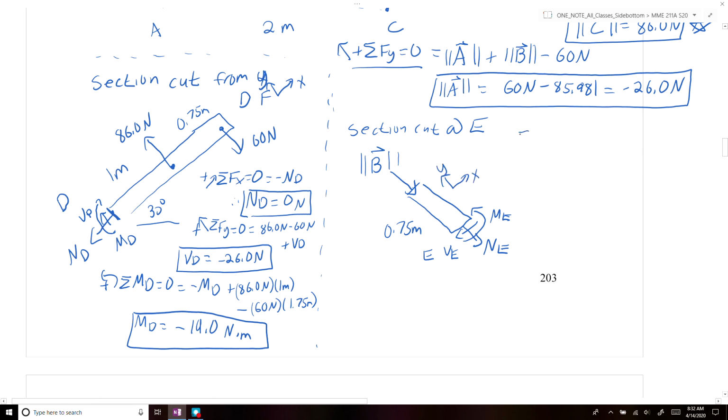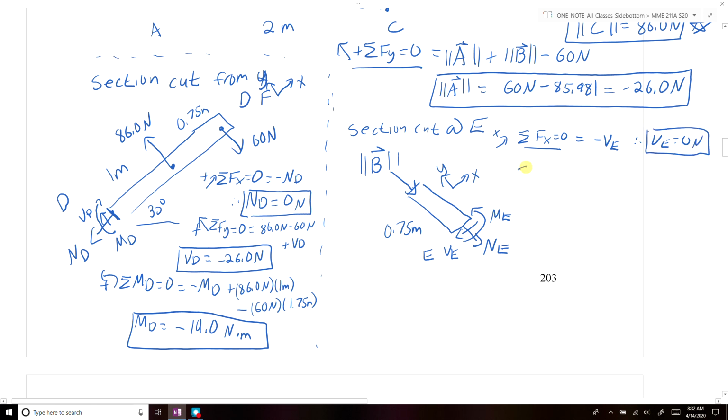Okay. So if we treat this, we'll have our y-axis here and our x-axis here. If we sum all of our forces in the x direction and set that equal to 0, we'll end up getting minus VE as our only force. So therefore VE will be equal to 0 newtons.